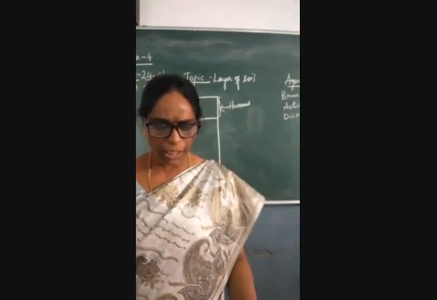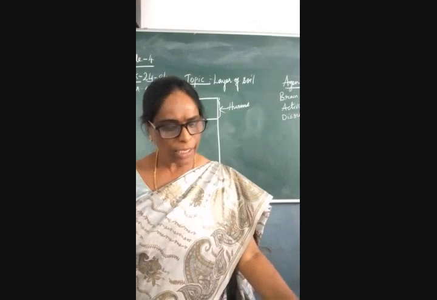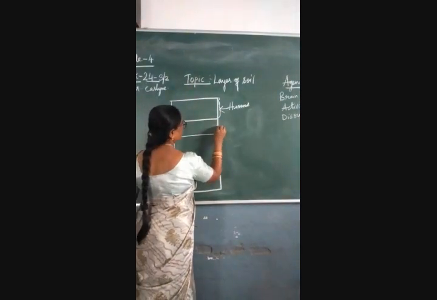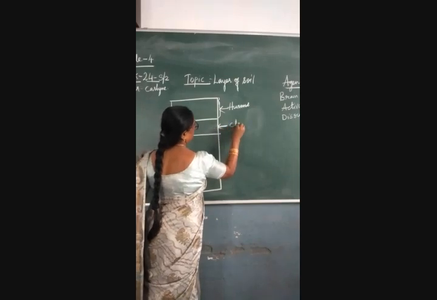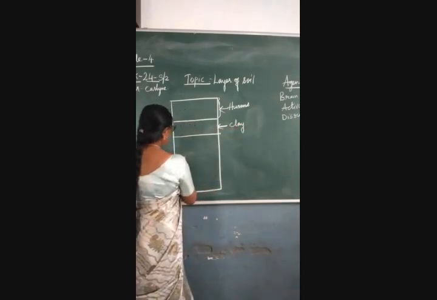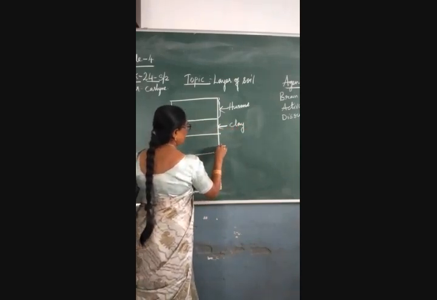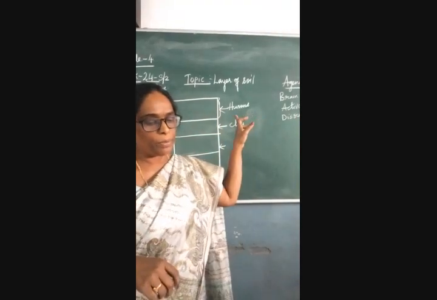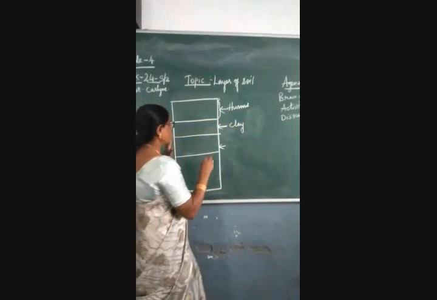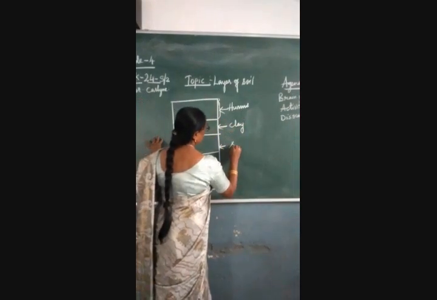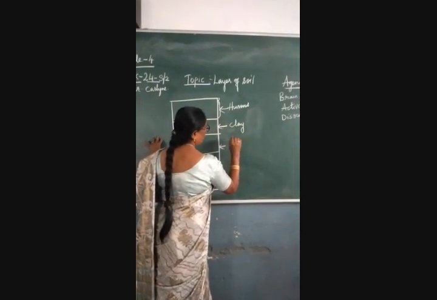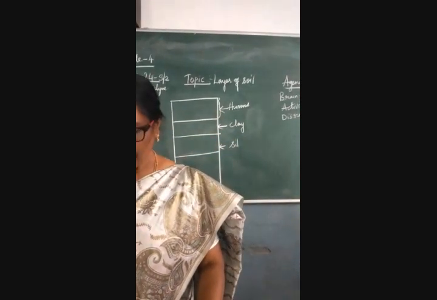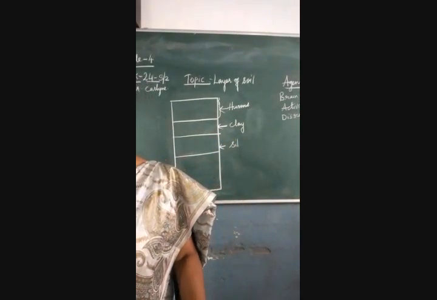Now the second layer is called clay. Right? Third layer, when you see here, clay will be there. So now I'll explain to you. Clay, silt, sand, everything will be there over here.